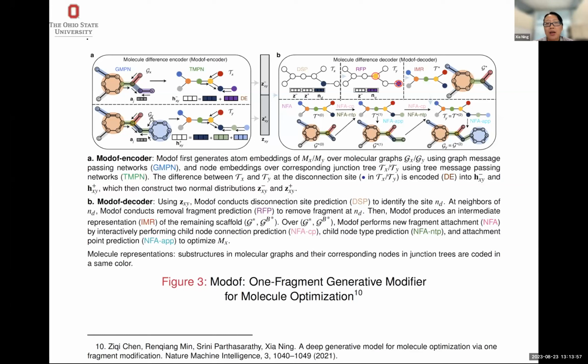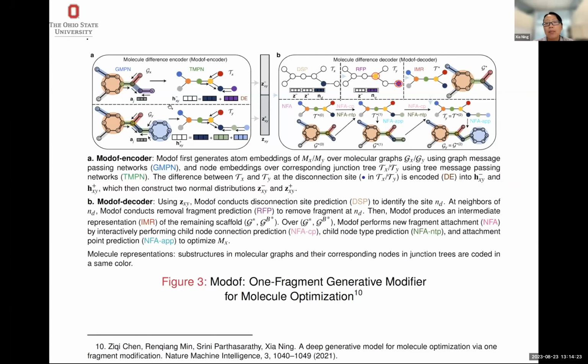The properties for these two molecules are different, and we think the difference is due to these different structures. So the idea we have is to learn the difference of these structures and encode them in the latent space. In the decoding phase, we want to use the encoding to change a given molecule.